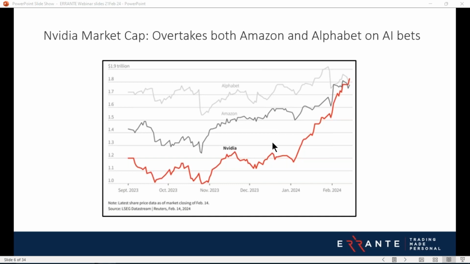A small caveat there, but I think that still sticks. As such, mammoth stock gains stand really to raise the bar for its results, and really any disappointment potentially has a broad market fallout given Nvidia's growing heft in major indices and of course its importance to the outlook for AI's financial promise and future.